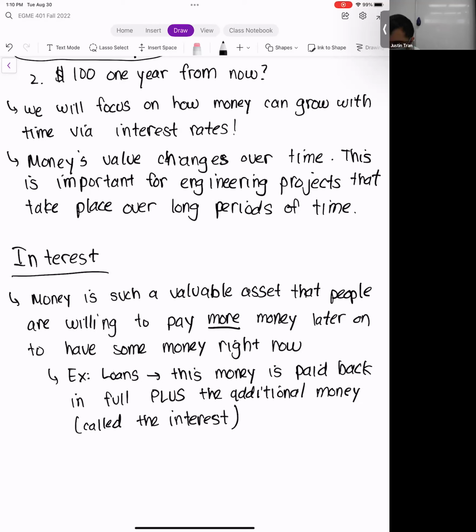And that additional money that you use to pay back the loan on top of the original amount, we call that the interest.